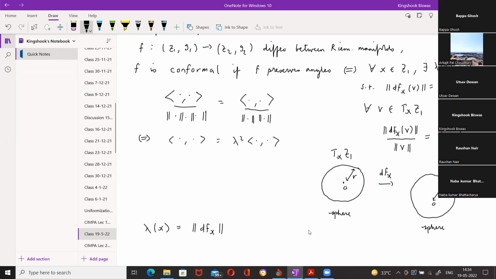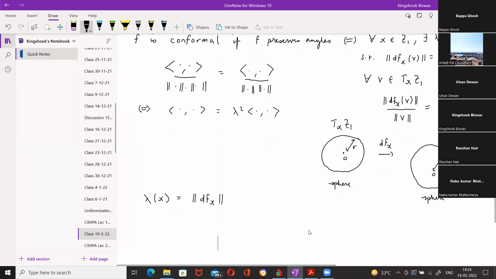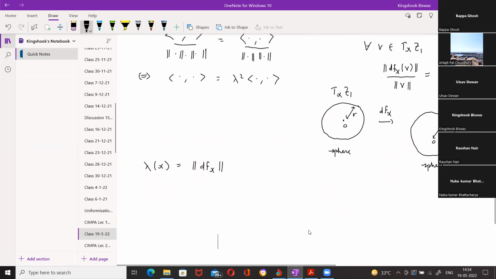So the sup is equal to this constant, which is lambda x, right? And this is equal to norm df_x v over norm v.